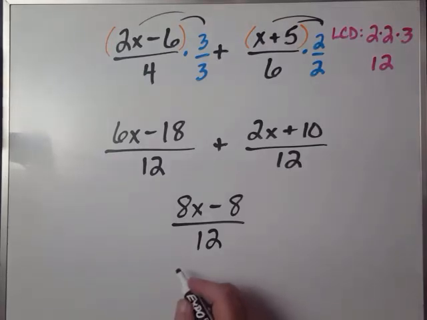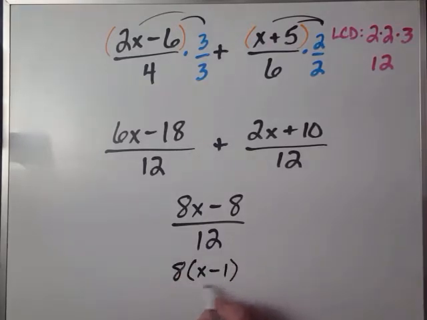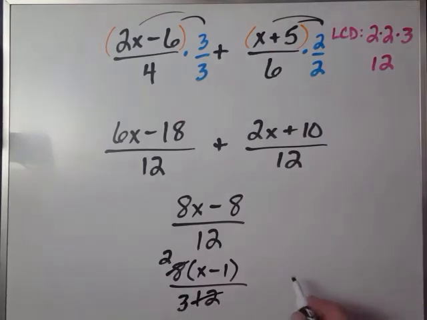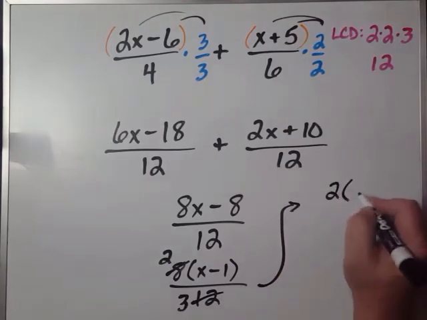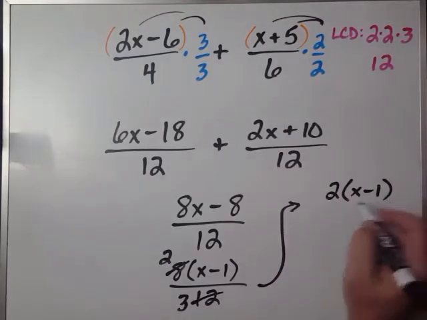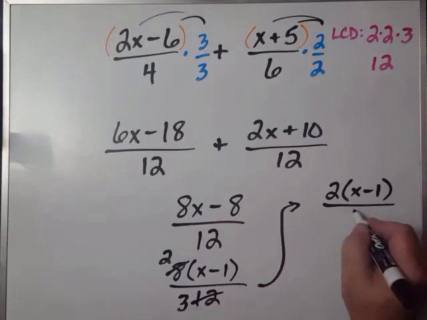We can factor out an 8, leaving x minus 1. And now, what do you see? You've got an 8 up top, a 12 on the bottom. They both contain a 4. 4 goes into 8 twice. 4 goes into 12 3 times. And so this reduces to 2 times the quantity x minus 1, all over just a 3.